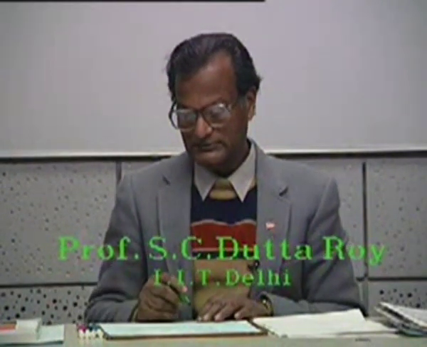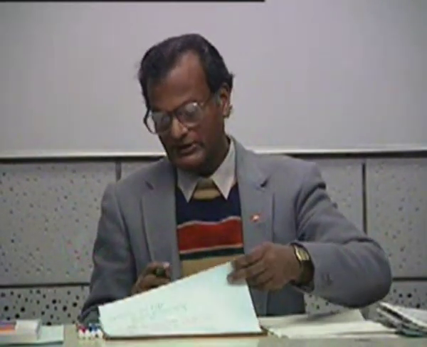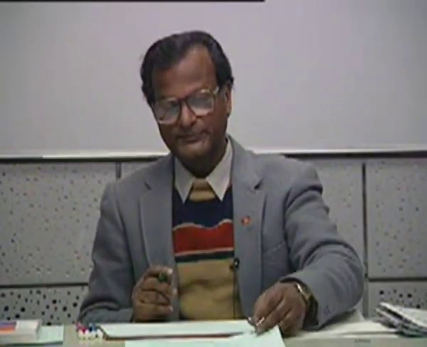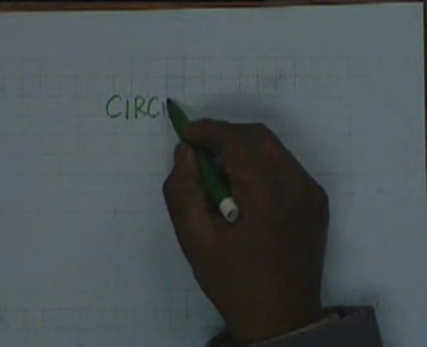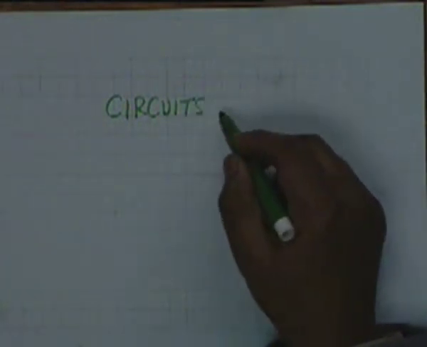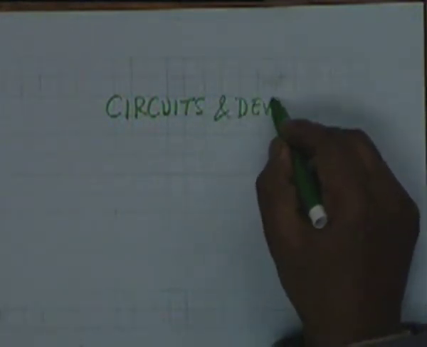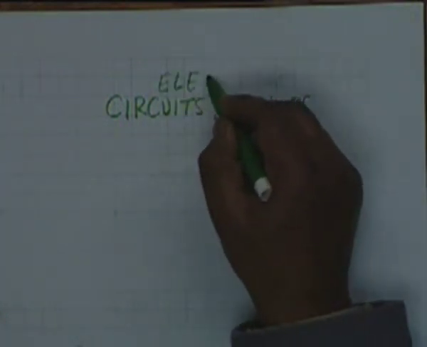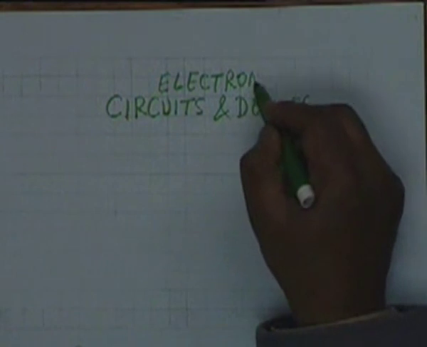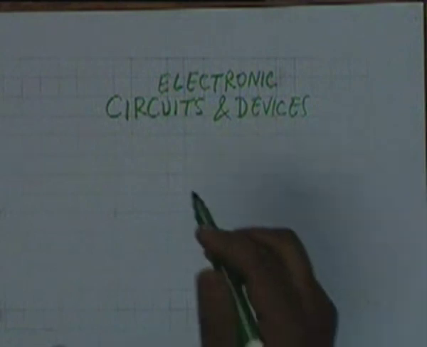total material. This course shall deal with basically circuits and devices, electronic circuits and devices. And to be able to do justice to electronic circuits and devices, we shall first study general circuits.